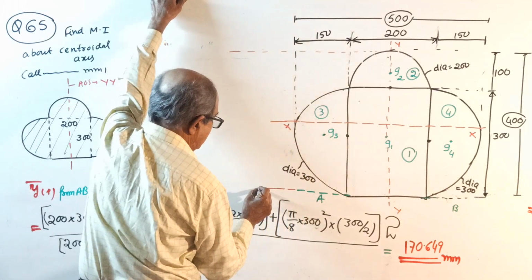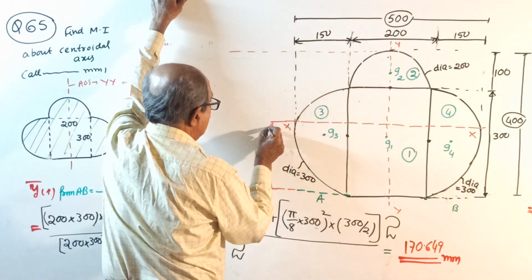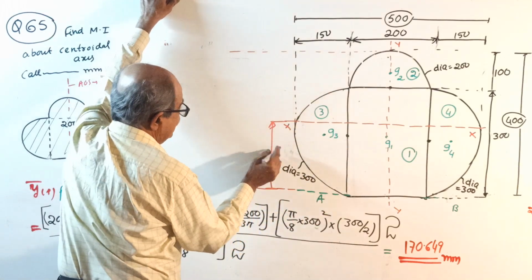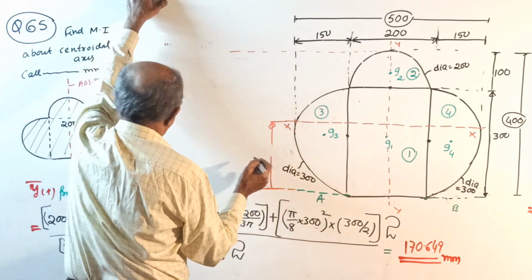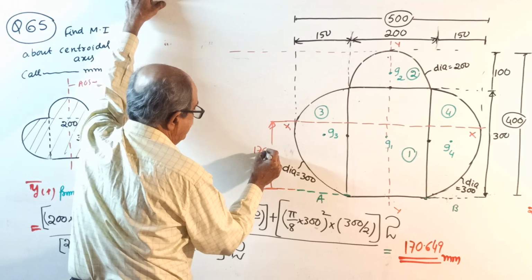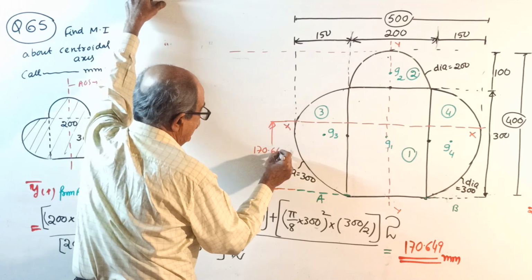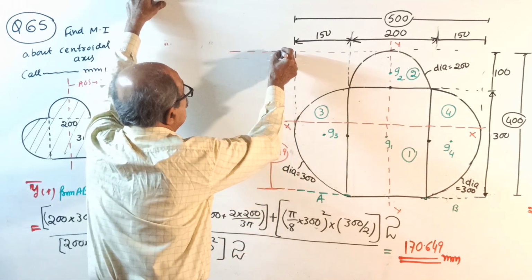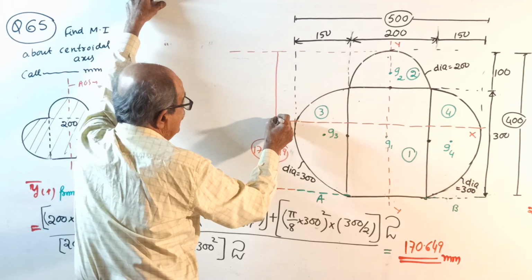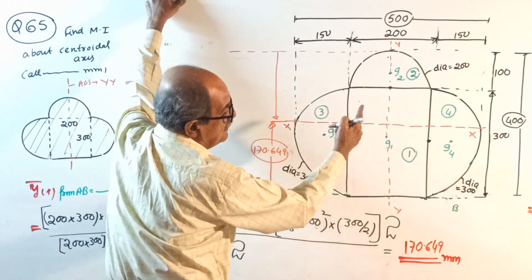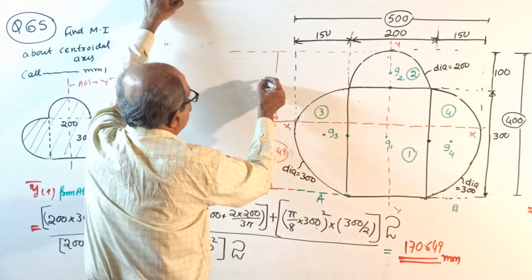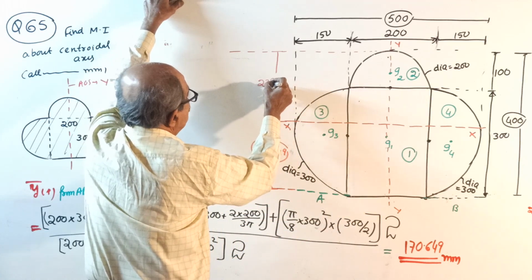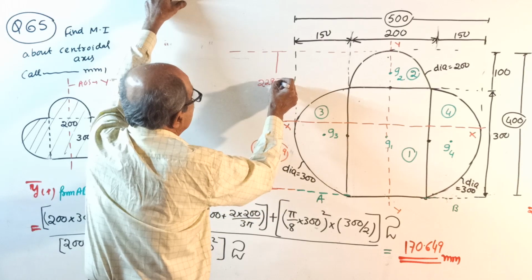XX axis from here to here will be 170.649. When I want space, I write like this so that I round off. So from top edge to here will be from total 400 subtract, 229.351.